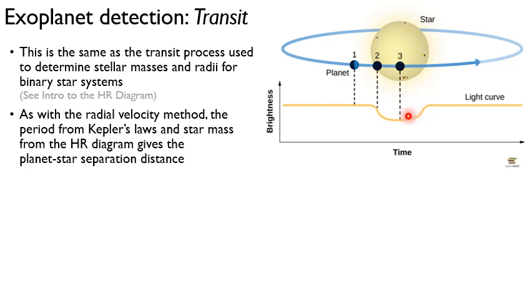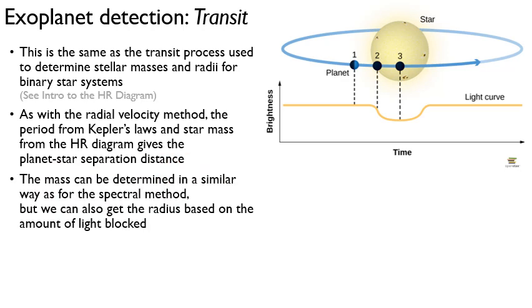Using that period and the star mass from the HR diagram, we can get the planet-star separation distance. We can get that as well. We can determine the mass in the way we just described for the radial velocity method. But we can also here get the radius for the transit method, right? It's extremely powerful. And the way that we can do that is the fact that the amount of light that is blocked out depends on two things.